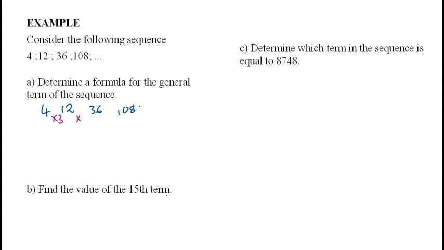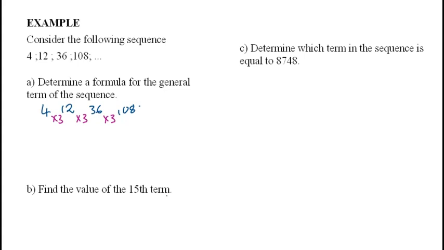So we're multiplying by 3, multiplying by 3, multiplying by 3. This is a geometric sequence because we are multiplying by the same thing over and over again. It's the same thing even if we divide by the same thing over and over again.